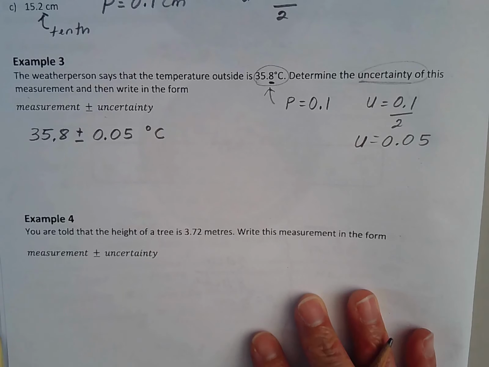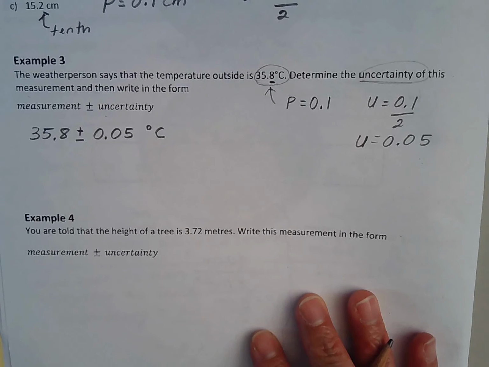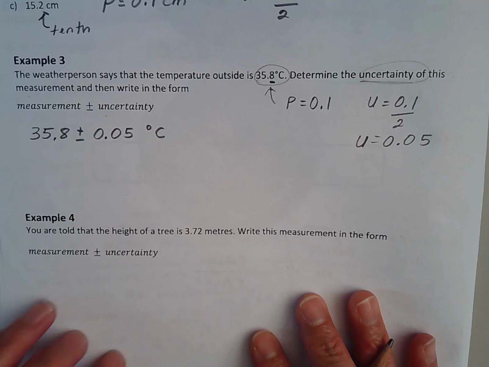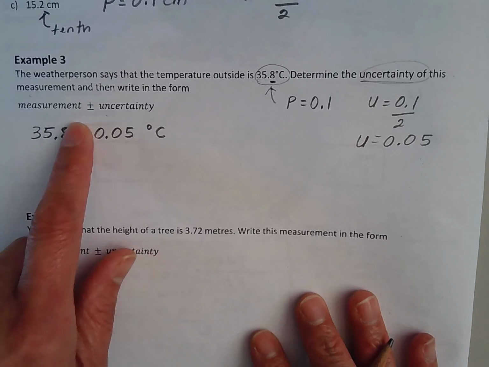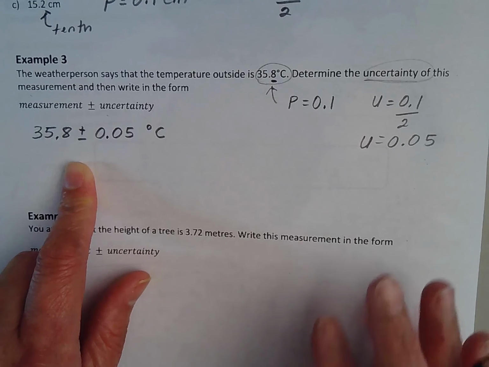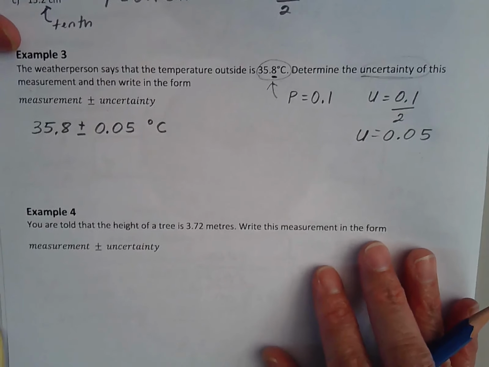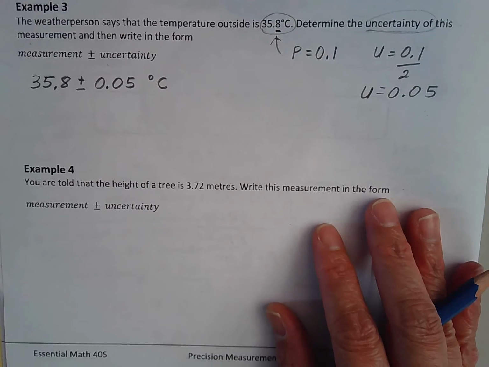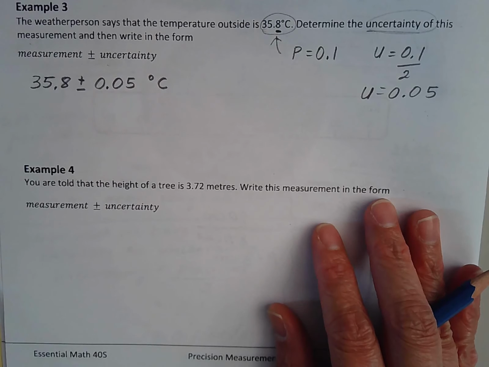So the temperature outside would be 35.8 plus or minus 0.05. Is that okay? Yeah, it's plus or minus, with the plus and the minus at the bottom. You do both.